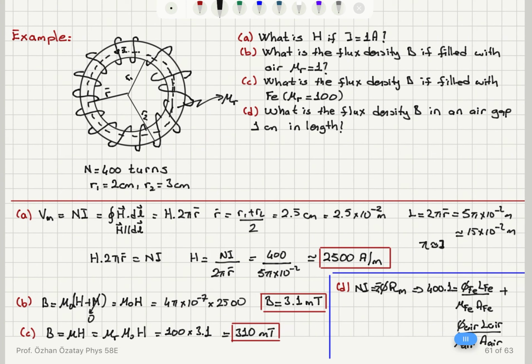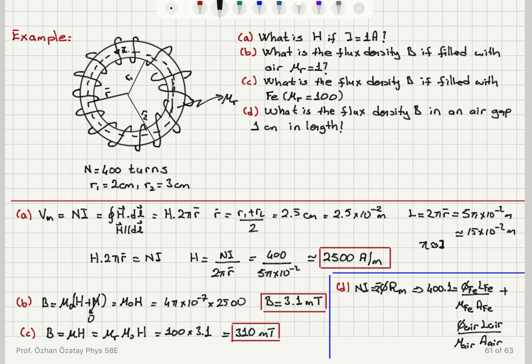Now we have gone through an example where we have a toroid with N turns, 400 turns, inner radius 4 cm, outer radius 3 cm, with 1 ampere current, writing the magnetomotive force N times I is equal to H times 2 pi R bar. We can calculate the magnetic field inside, 2500 amps per meter.